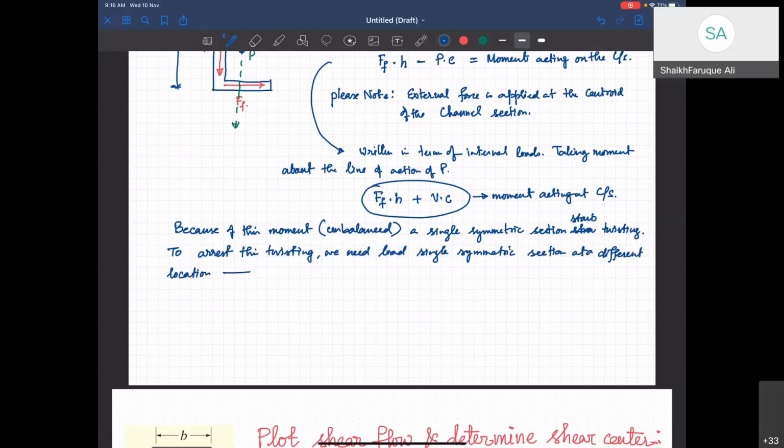This location is called the shear center. Okay.